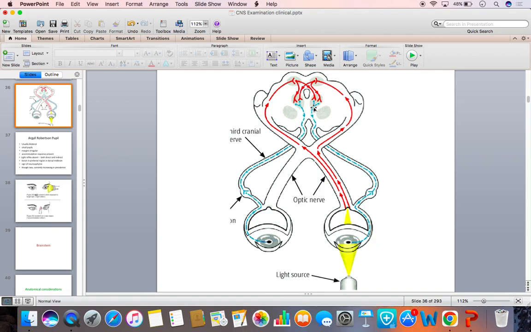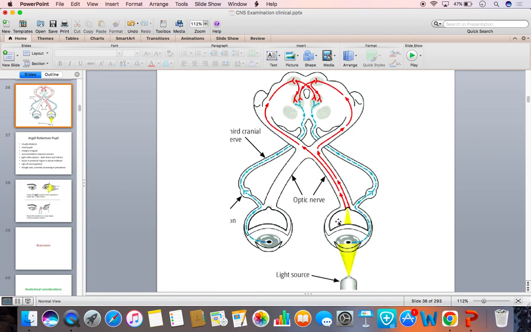What is direct reflex and what is indirect reflex? This has to be understood clearly. Listen to me. You are testing the right eye of the patient, for example. Okay? This is the testing eye.